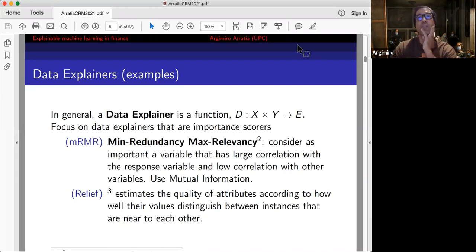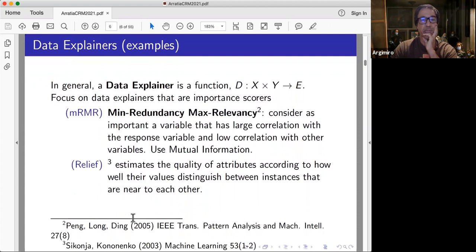So there is this one, you can see the reference here, by Peng, Long and Ding. They propose minimum redundancy, maximum relevancy, which considers a variable important if it has large correlation with the response variable and low correlation with the other variables.